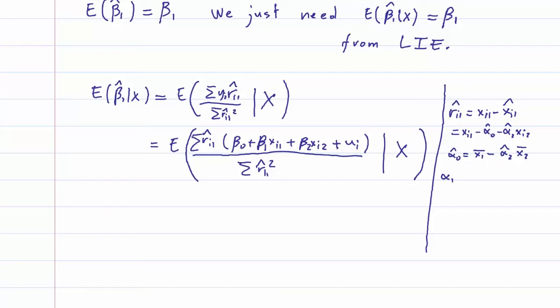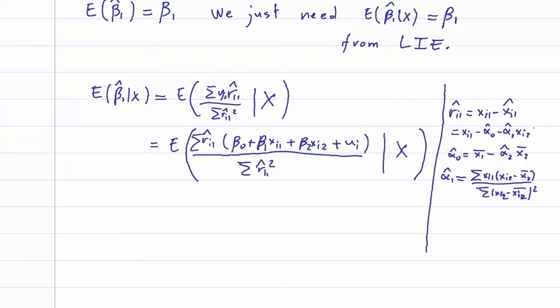And alpha 2 hat is just the formula of the slope estimator in a simple linear regression: the sum of xi2 minus x2 bar times xi1, over the sum of xi2 minus x2 bar squared. So as you see here, alpha 2 and alpha 0 just depend on x's, no u, no y.